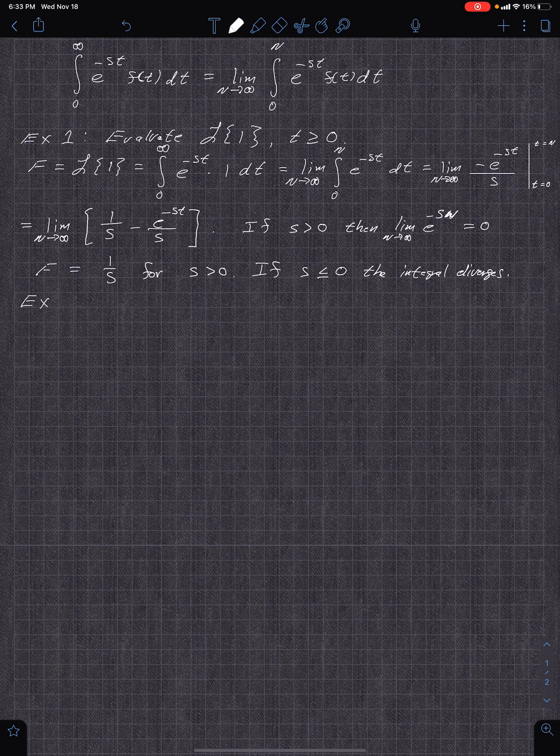Okay, example 2. Evaluate the Laplace transform of e to the at, where a is a constant.